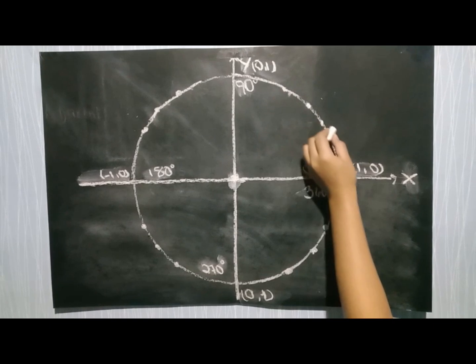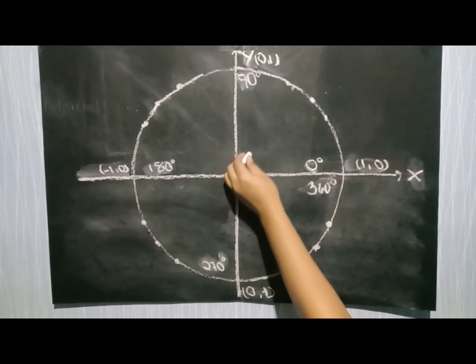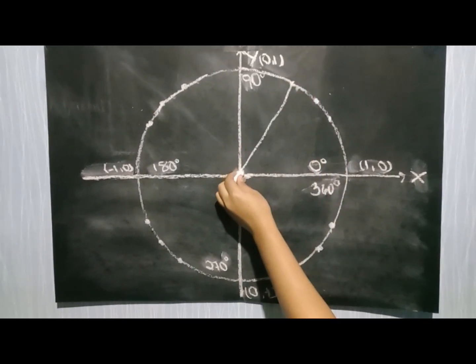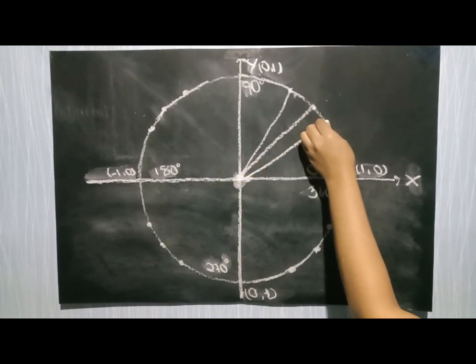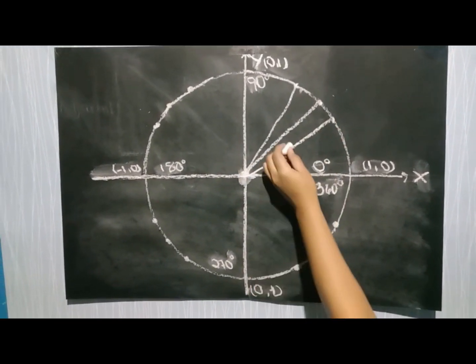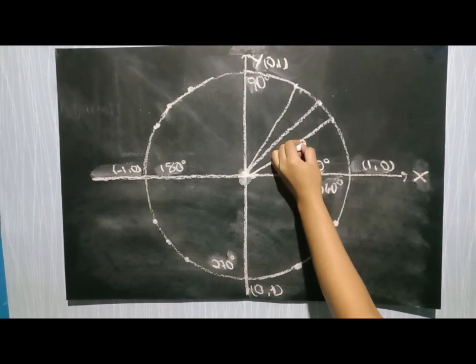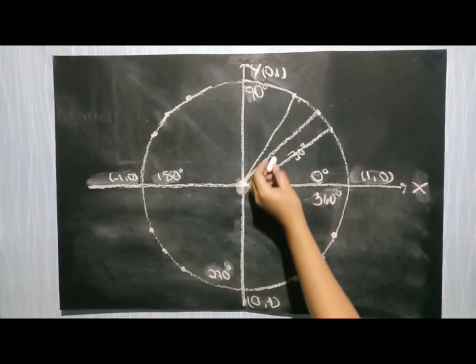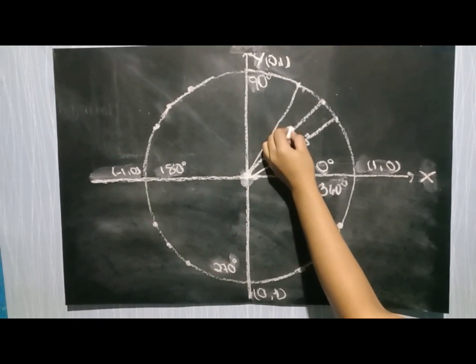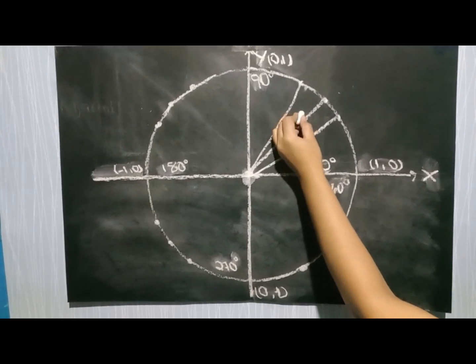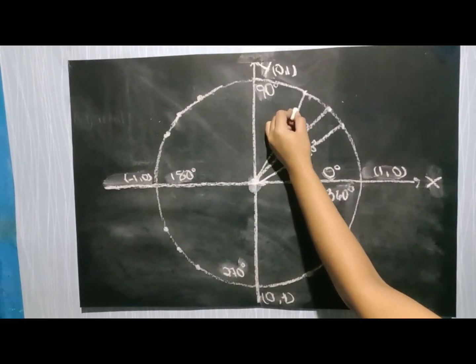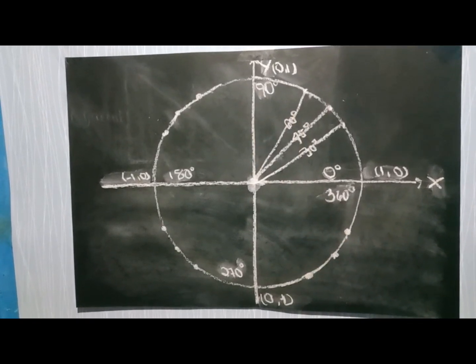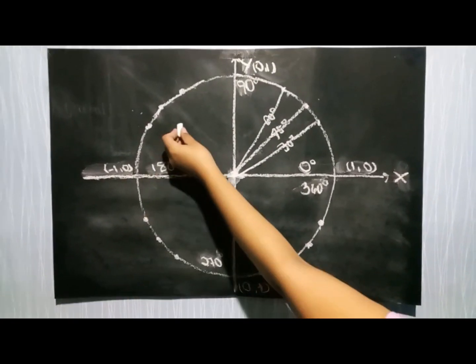Quadrant 1 has 3 angles. These 3 angles are the special angles. This is our 30 degrees. This one is 45 degrees. And this one is 60 degrees. So now we will move on to the second quadrant.